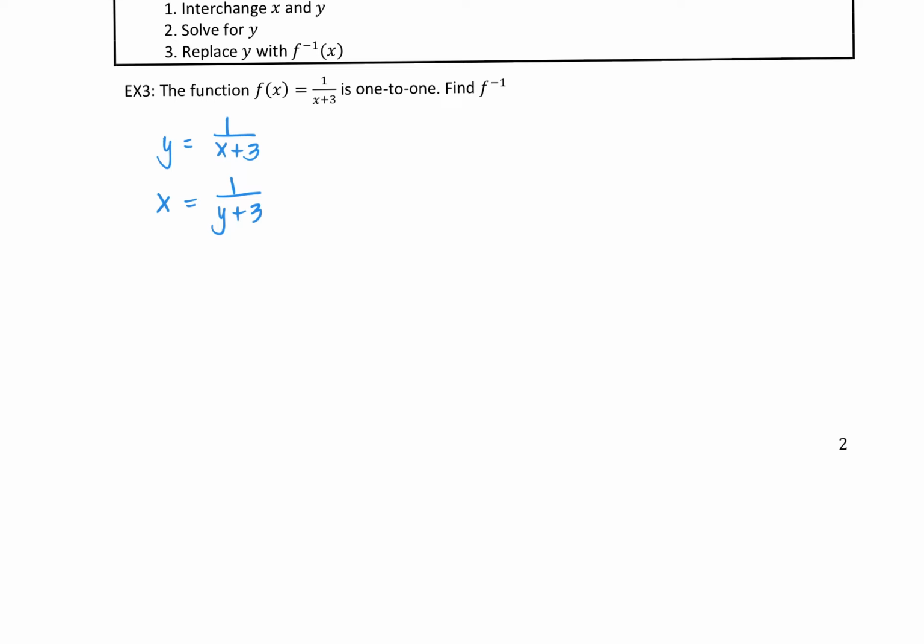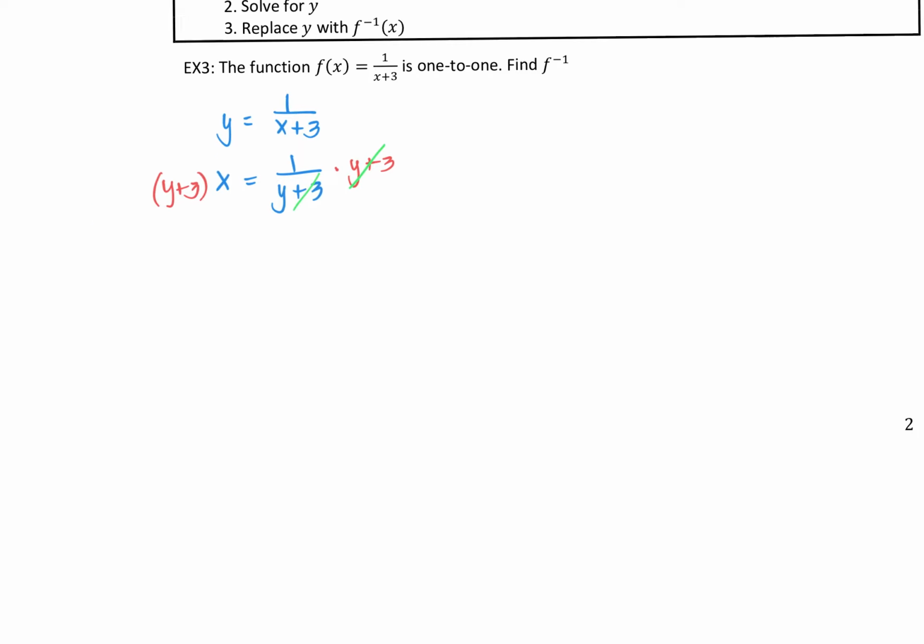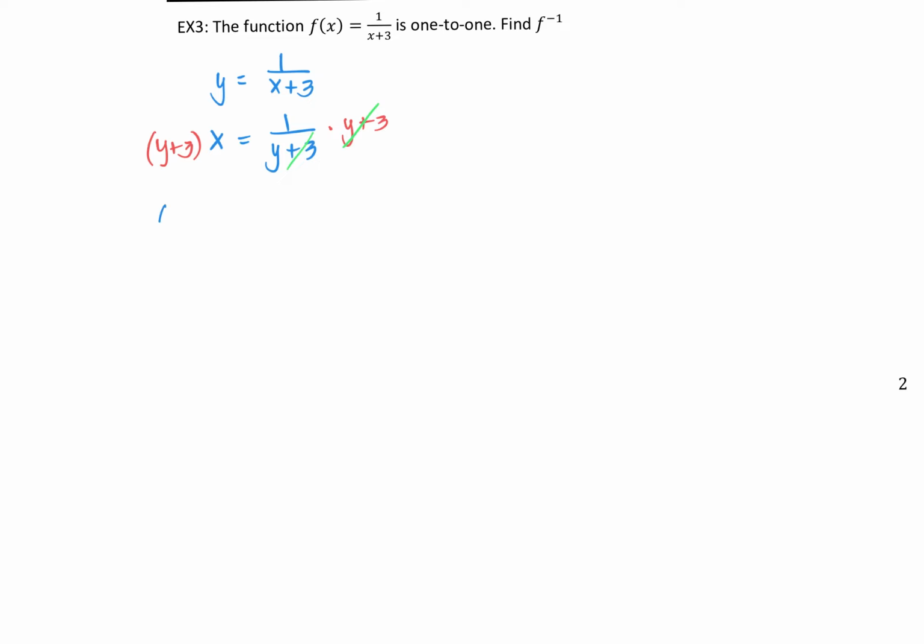Now that I've exchanged x's and y's, I'm going to solve this equation for y. I'm going to clear the fraction by multiplying both sides by y plus 3. And then it will cancel on the right-hand side. So I get x times y plus 3 equal to 1, and I'm not going to distribute the x.